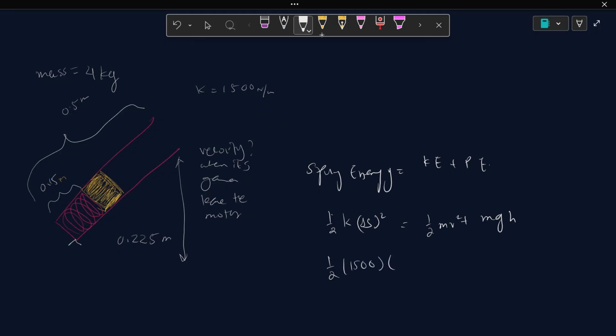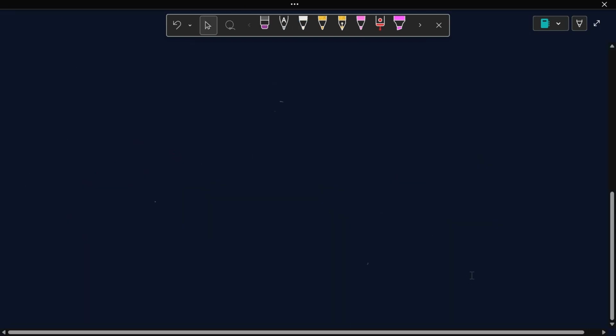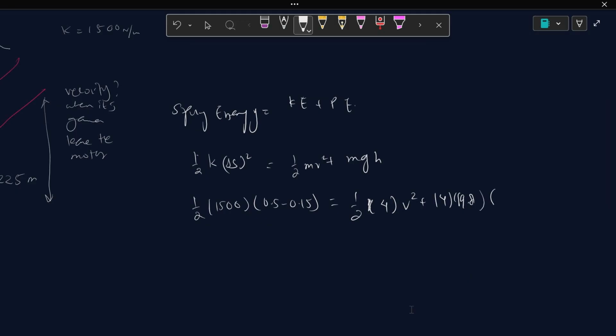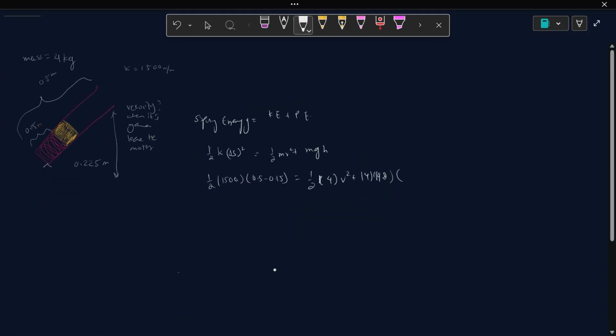Delta s is the full stretch length, 0.5, minus the compressed length, 0.15. Then you have your mass given as 4, half 4 v squared, plus 4 times 9.8, and the height is already given to you as well, 0.225, and you get your v as 6.44 meters per second. And that completes your question.